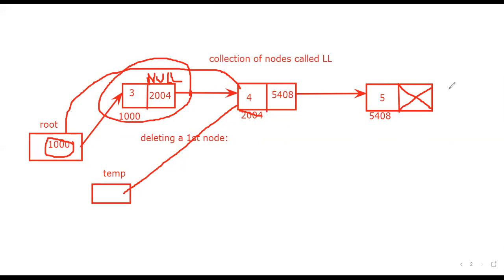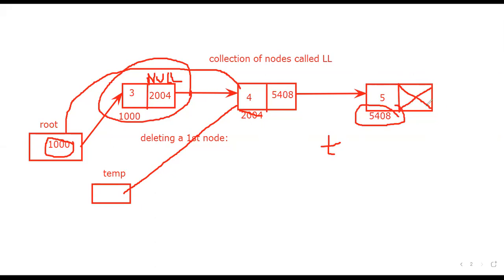And after seeing the starting node, how can we delete the ending node? The second possibility is to delete the last node. Deleting a last node means, for example, 5 is the last node. If I want to delete 5, what will I do? Without disturbing the line, again I'll declare a temp variable with the help of the temp node. I can connect the 5 location to the 4. That means I want to delete the node 5.